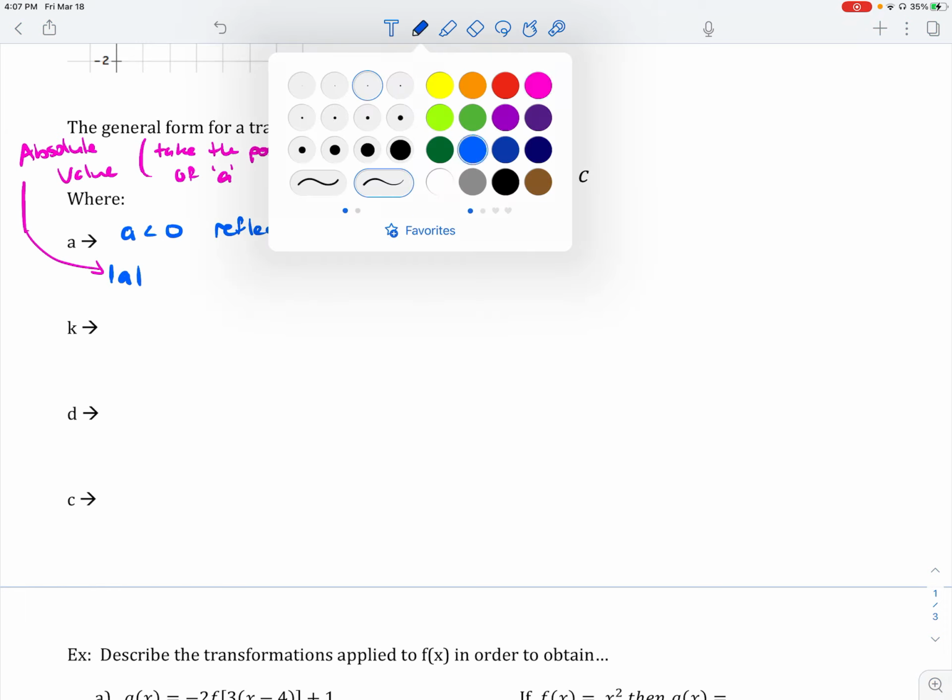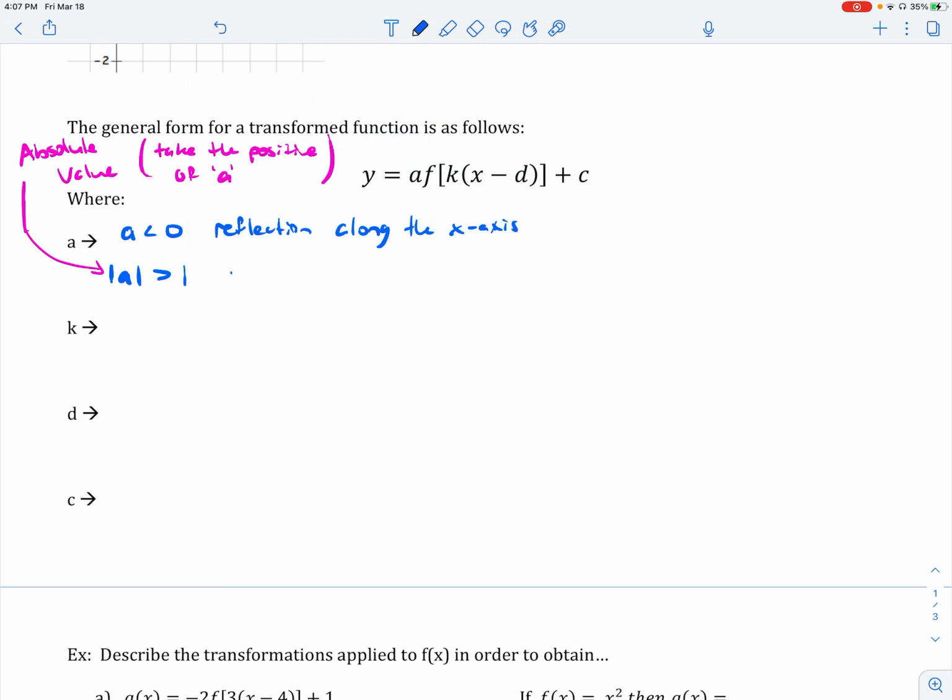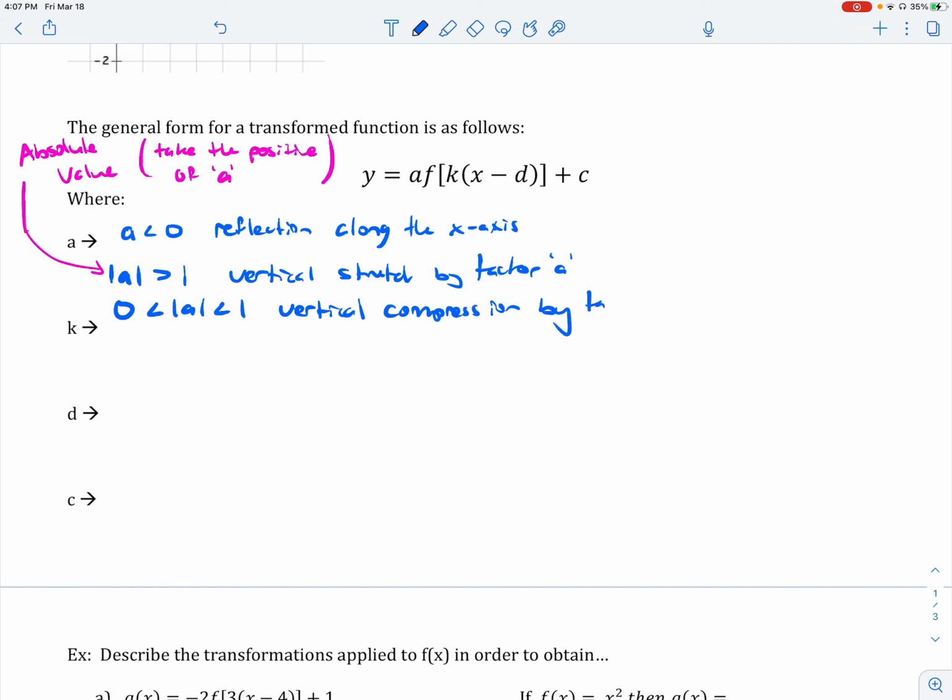If the absolute value is greater than 1, then we're going to have a vertical stretch by factor A. Now, if A happens to be small and the absolute value is between 0 and 1, like a half or 2/3, that's when we're going to have a vertical compression by factor A. What this does is it takes any base point and multiplies the y value by A, giving us the vertical stretch or compression. Okay, so that's the A value.